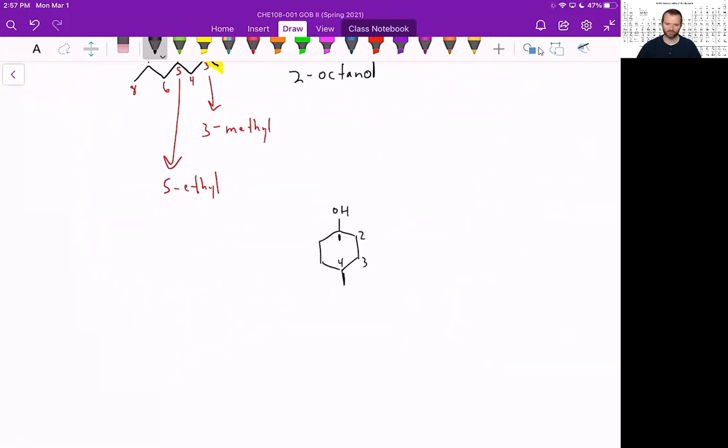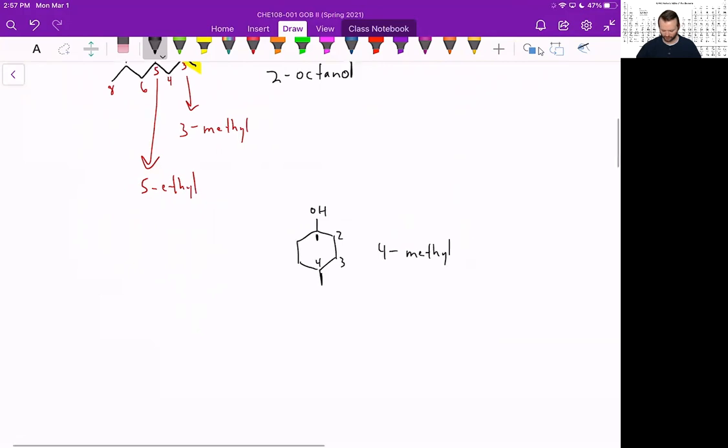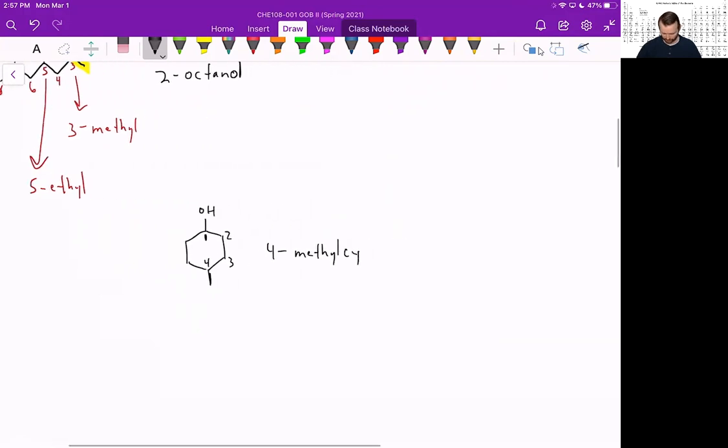I could have numbered it counterclockwise, and it still would have been 4. That's 4-methyl cyclo, because it's cyclic, you have to say cyclo. It's a 6-membered ring, hexanol. Okay. Now you might ask, why didn't I say cyclo-1-hexanol?